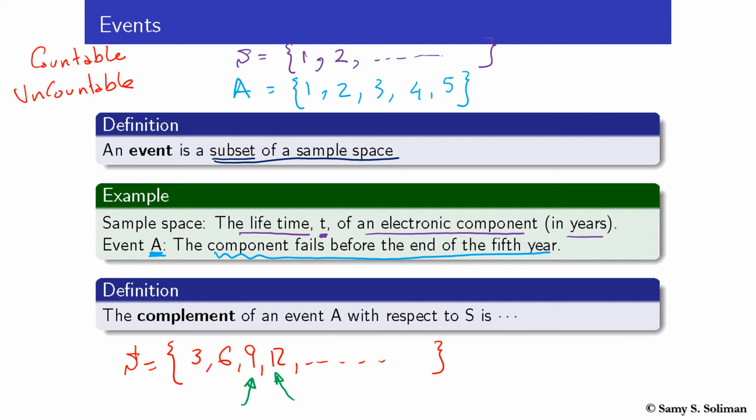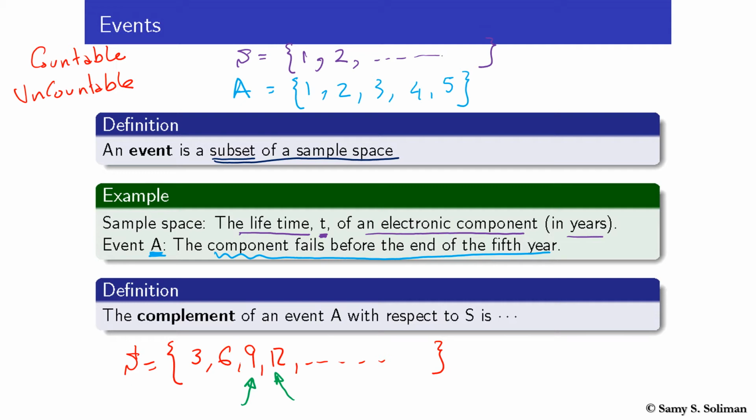On the other hand, if the set is infinite and there is no pattern or sequence that governs or can be used to describe the elements of this set, in this case the set is uncountable.